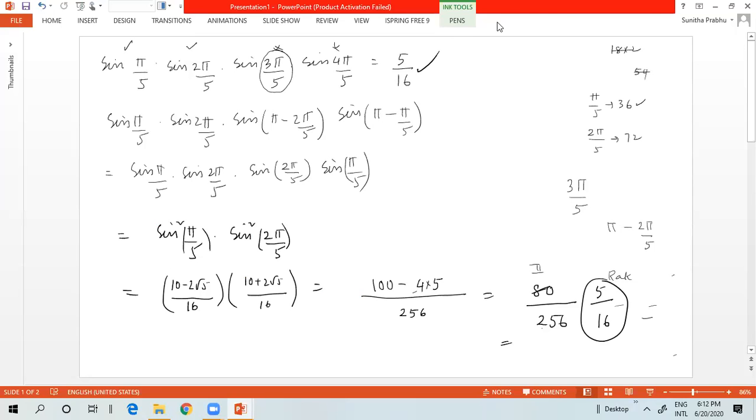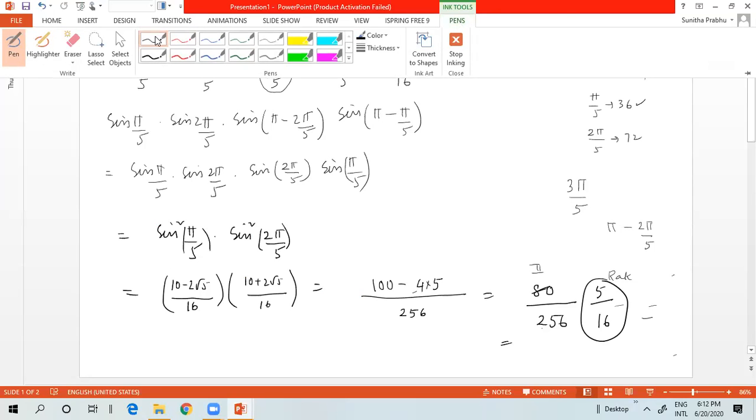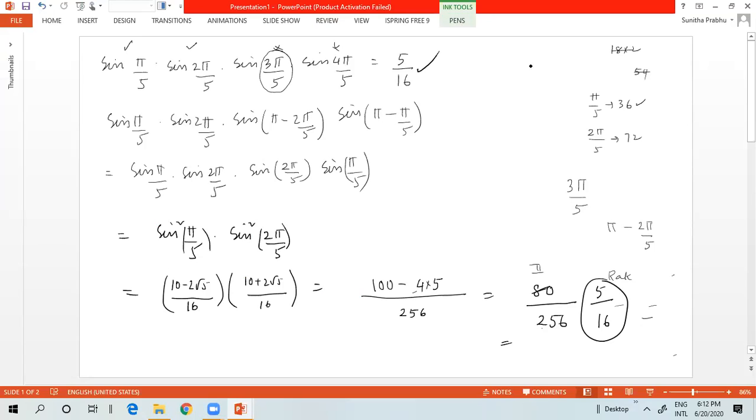If you see here, you four of you are learning a lot of things. You are slowly learning the identities: sine 180 minus theta, sine 180 plus theta. Sine 180 minus theta is going to be sine theta.